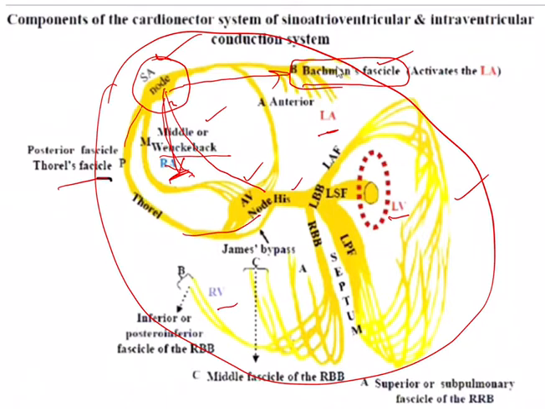So from the SA node, the impulses first activate the right atrium, then the left atrium. Impulses also travel to the AV node through the middle or Wenckebach's fascicles, or through the posterior fascicle called Thorel's fascicle.